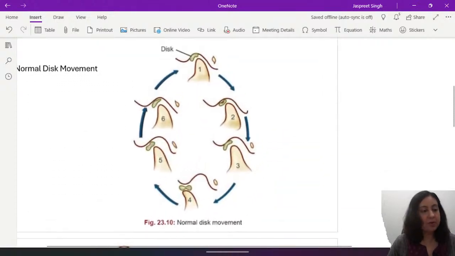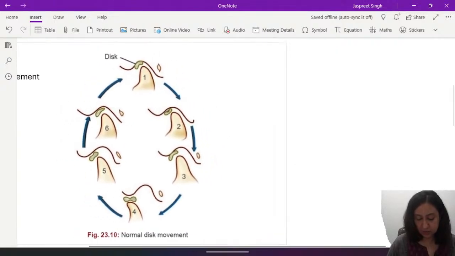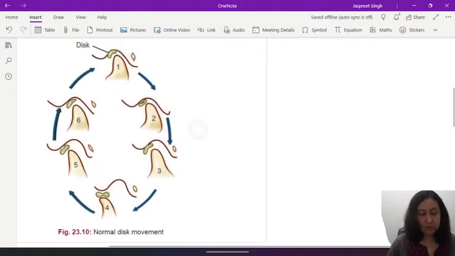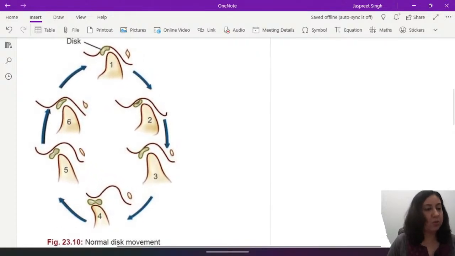These diagrams will be available to you in this video, and also in workbook 1 that I gave during my regular classes to all of you who attended. So don't worry, these diagrams are available to you in workbook 1.